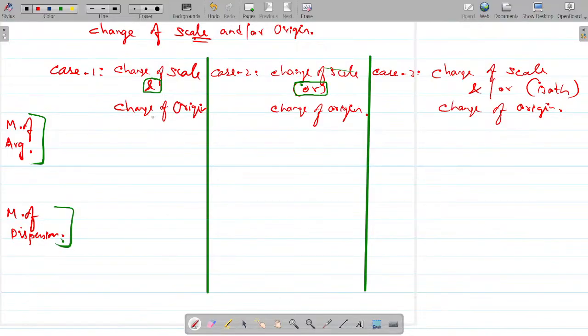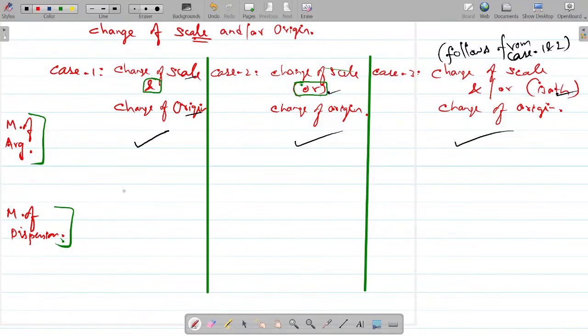How does the line start? AM is affected by change of scale and/or origin. Am I right? So there is a change of scale and there is a change of origin. It gets affected? Yes. AM will get changed. And both, actually, this follows from the two cases, case 1 and case 2. It's not a separate case.